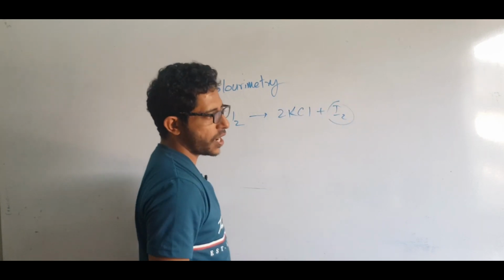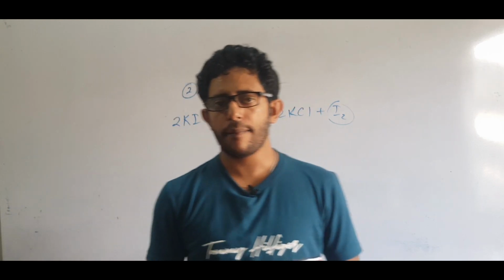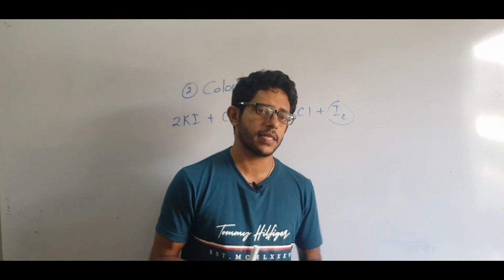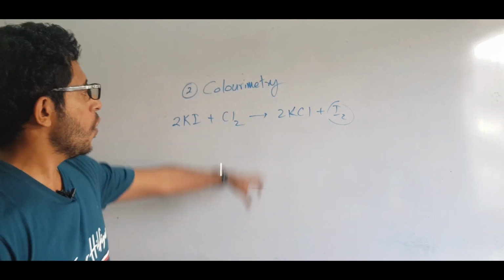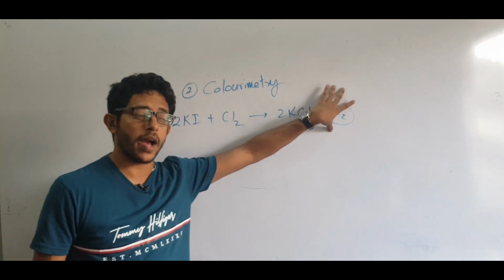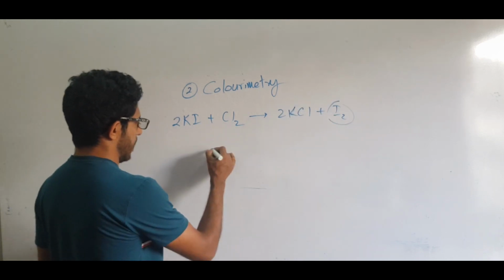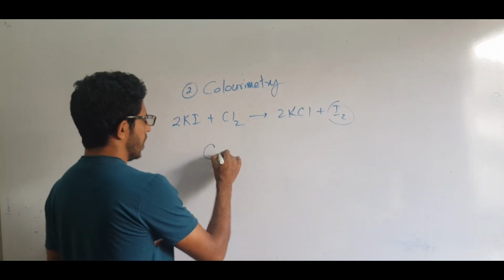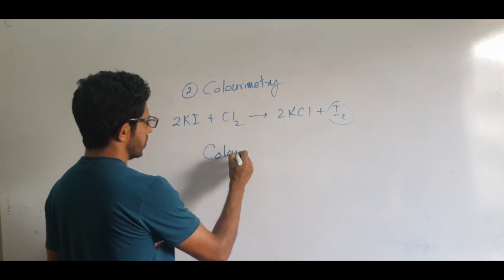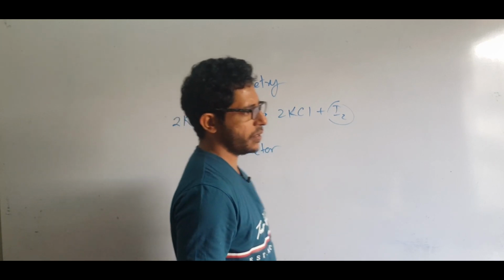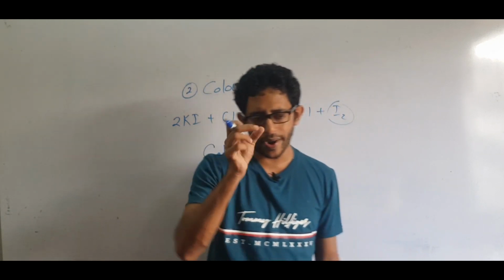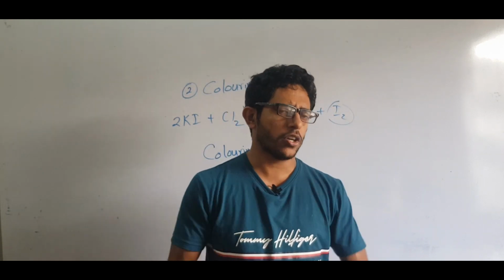Iodine has a brownish color in water. So with time, the color intensity would increase. Rather than measuring the concentration change of the reaction, we can measure the color intensity of iodine using an instrument called a colorimeter, not calorimeter, colorimeter. There are small cuvettes like the ones you might have seen in biology.